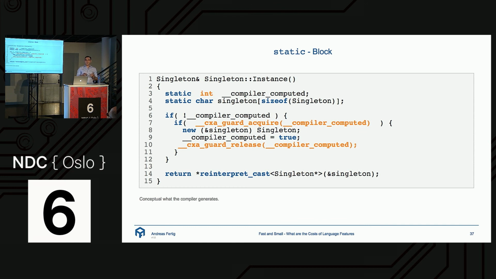The remaining parts are used as a mutex or atomic lock. That depends on the implementation. So we also got another new if. This uses a function called __cxa_guard_acquire, and we have a __cxa_guard_release afterwards. And they both take this compiler computed variable.